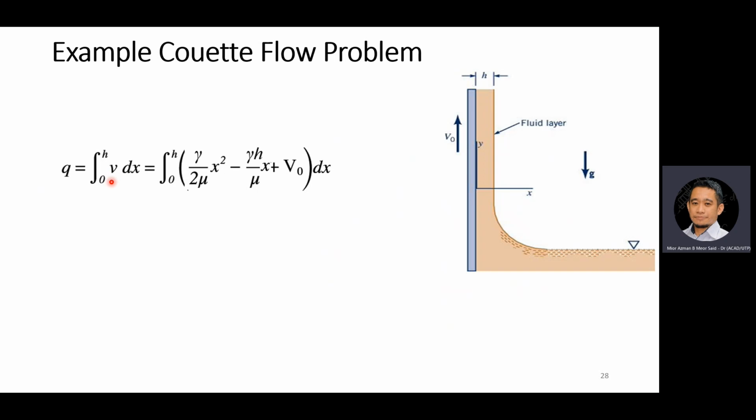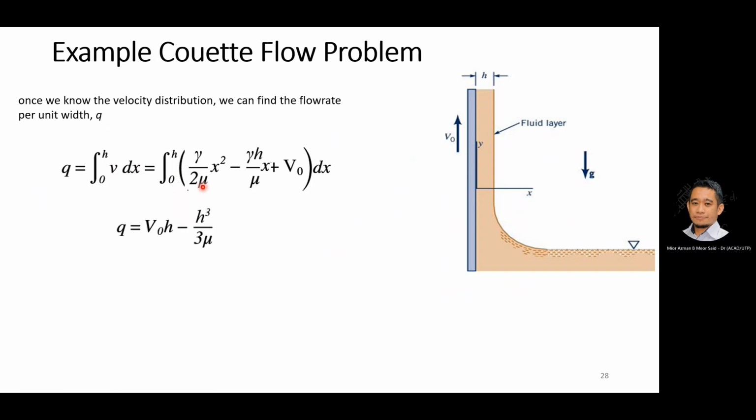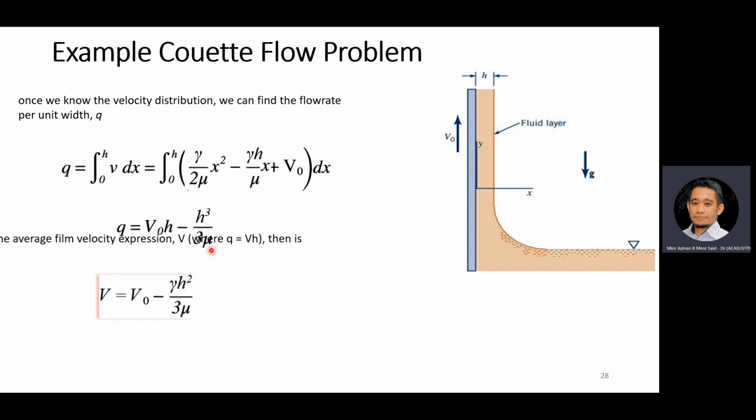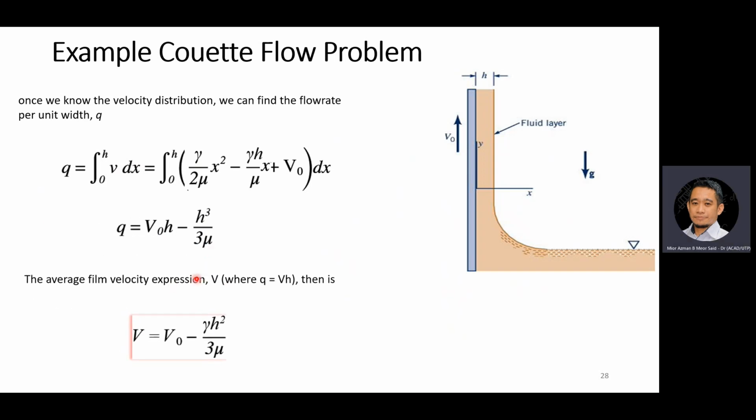We know the expression for v, so we substitute it in and solve this integration. After integrating, we have Q equals v naught h minus the specific weight times h cubed over 3 viscosity.